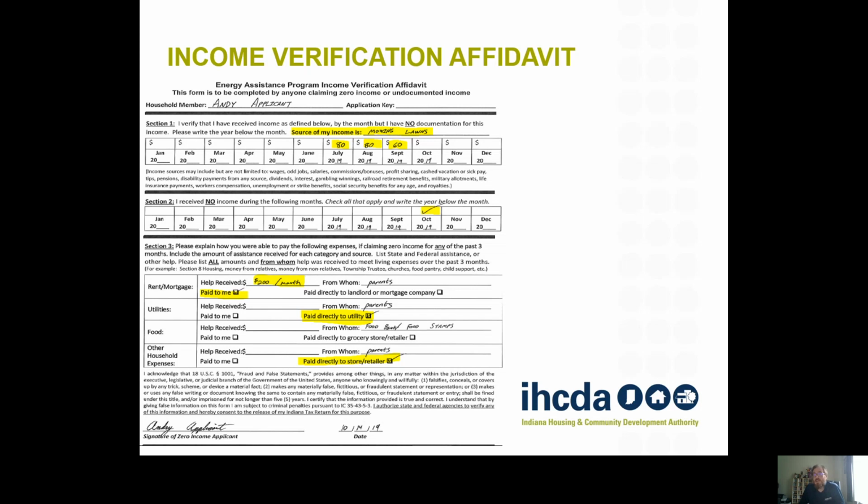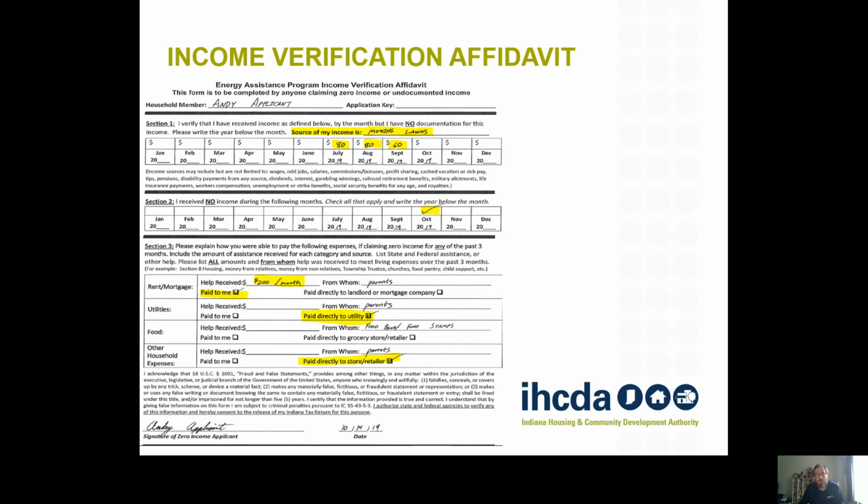However, as you can see, his parents also helped him with his utility bill, but that was paid directly to the utility. It's okay that he didn't put in a dollar amount because since that was paid directly to the utility, he's not necessarily going to know exactly how much it was. And since it was paid to the utility, we aren't going to worry about counting it as income. Same thing with the household expenses that the parents helped him out with and paid directly to the store retailer.